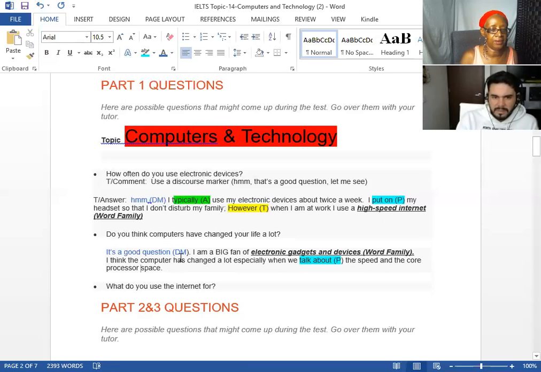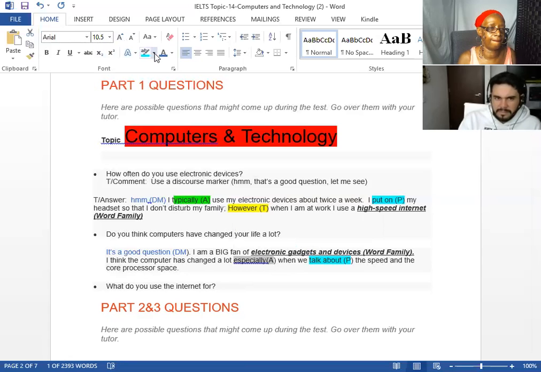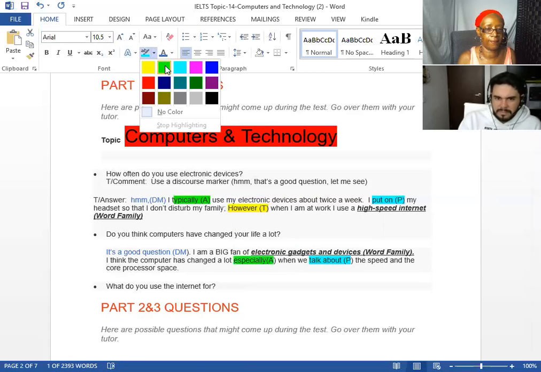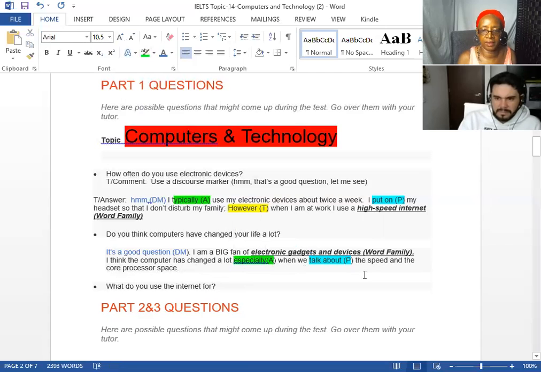So we've got the discourse marker, we've got the word family, we've got the academic vocabulary. We need a transitional phrase.